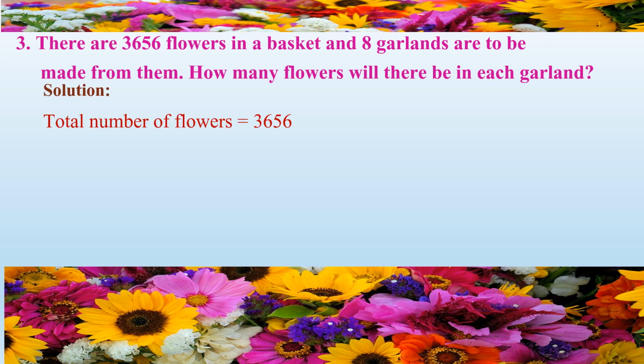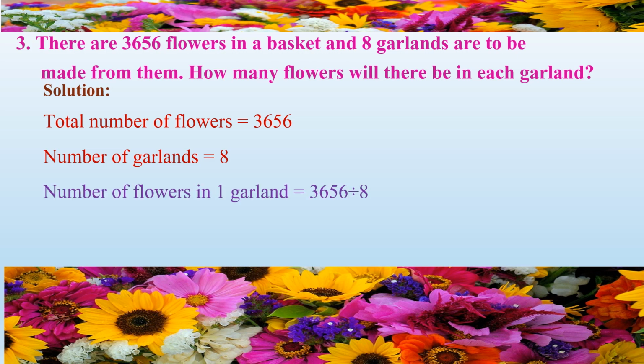So how many garlands are to be made? Number of garlands is equal to 8. So to find in each garland means one garland. Okay. So number of flowers in one garland is equal to, we should divide 3656 by 8.